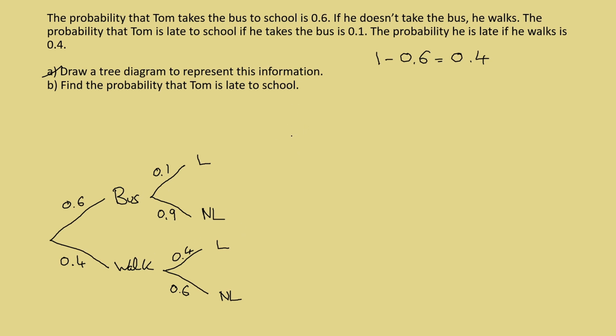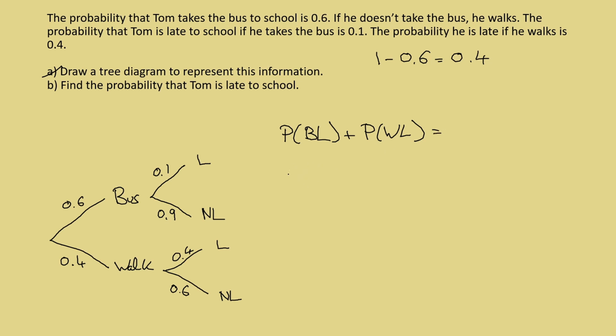So in this case, the probability that Tom is late to school is going to be the probability that he takes the bus, then is late, so B and then L, plus the probability of him walking and then being late as well. So we have two probabilities that we need to add up. And this would give us the probability of Tom being late.